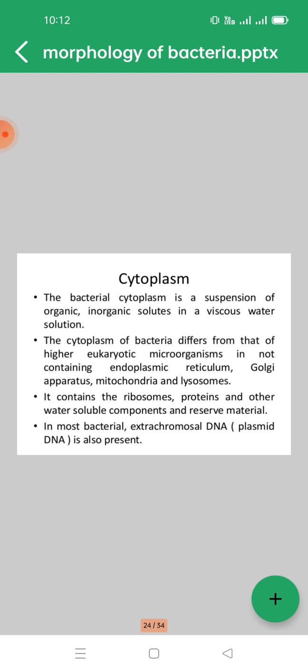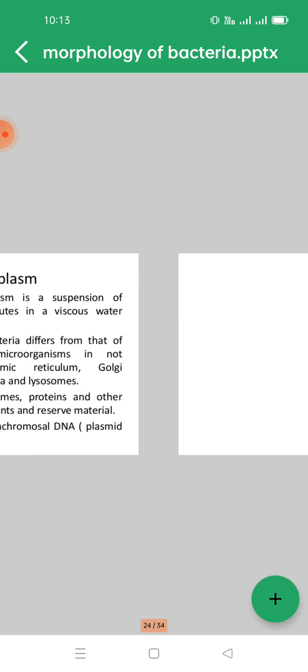Whereas in bacterial cytoplasm, it contains only the genetic material, ribosomes, proteins and other water soluble components, lacking endoplasmic reticulum, Golgi apparatus and mitochondria, which are present in eukaryotic organisms. In most bacterial cells, extrachromosomal DNA is also present, that is known as plasmid DNA. So along with the nuclear material, that is the chromosomal DNA, most bacteria contain plasmid DNA.